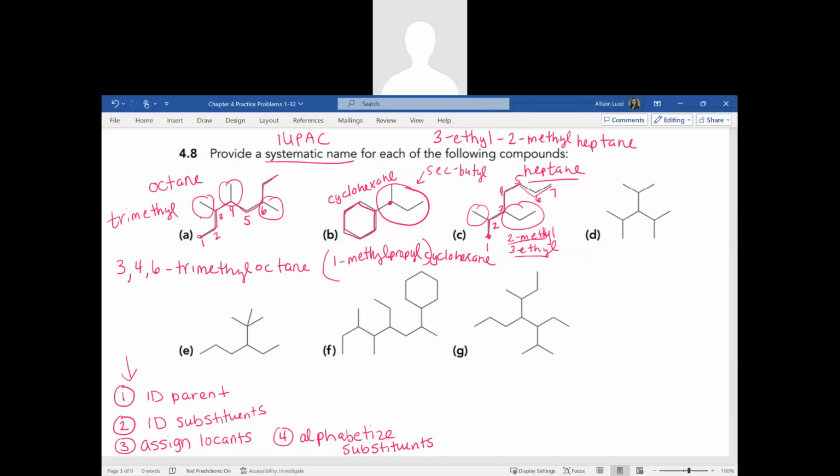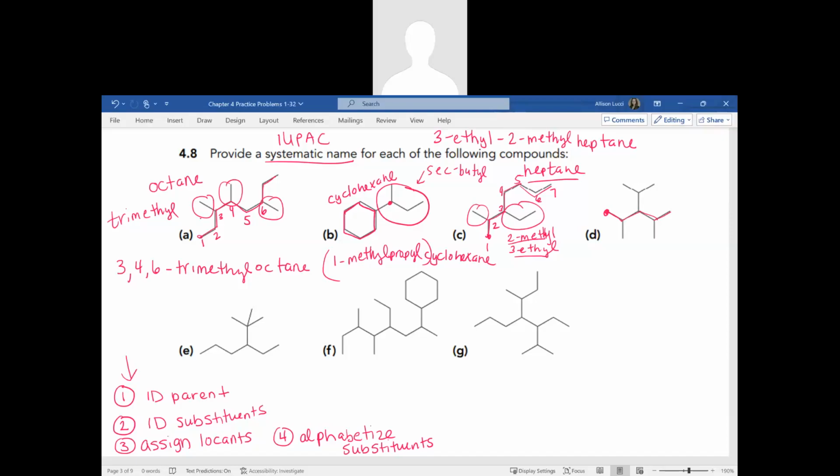Let's take a look at compound D here. So again, we could name substituents as common names or as IUPAC. So we'll do the IUPAC route. So our parent here we'll find is a pentane. So I'll start here, 1, 2, 3, 4, 5. If I went up, I would also have the same number of substituents and the same parent.